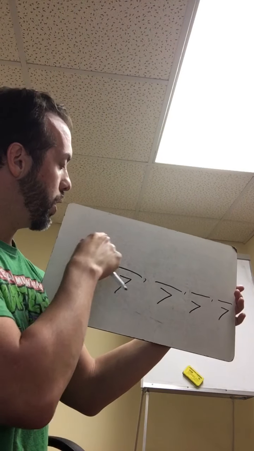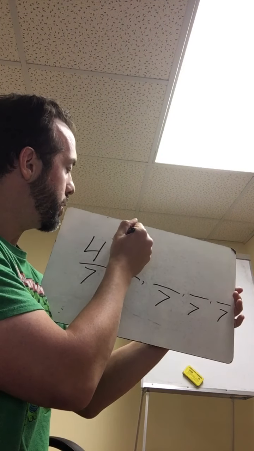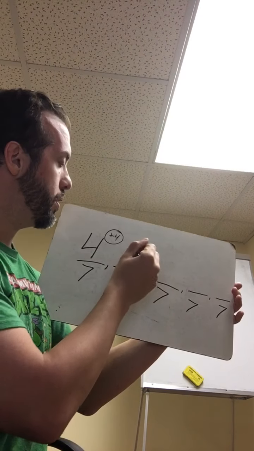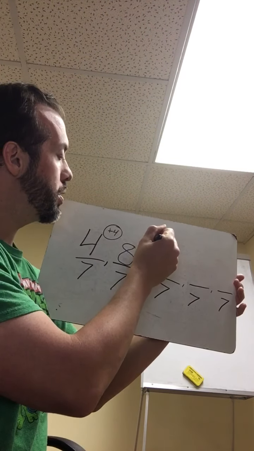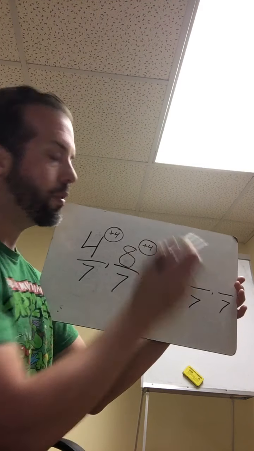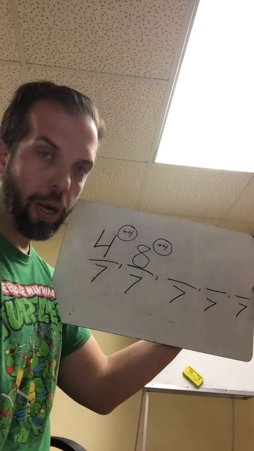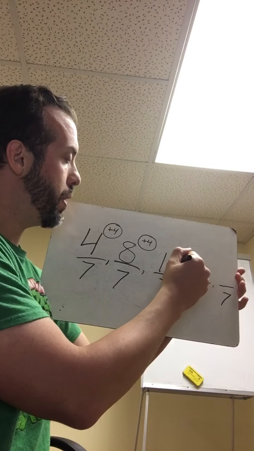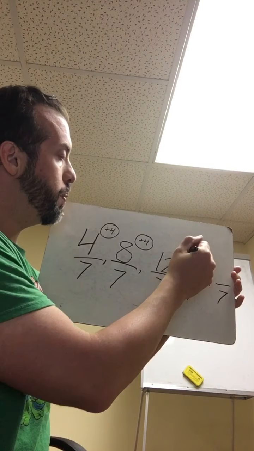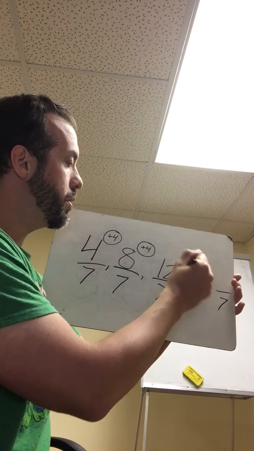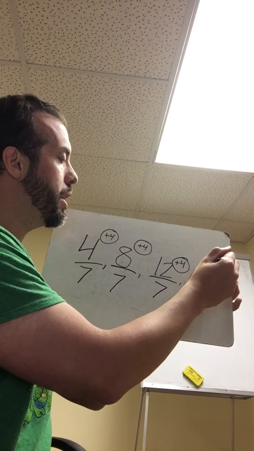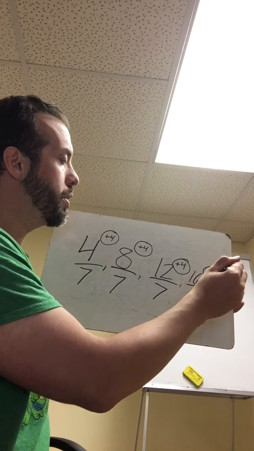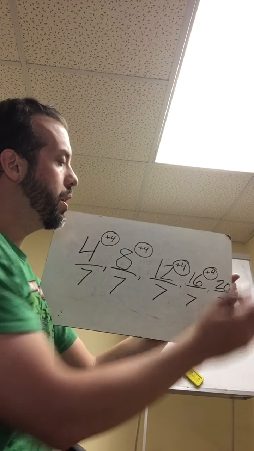So I'm going to think 4 plus 4 is 8. I'm counting by 4s. 8 plus 4 is 12, so 12/7. 12 plus 4 is 16, and 16 plus 4 is 20.